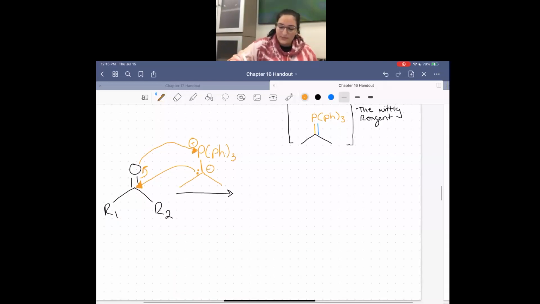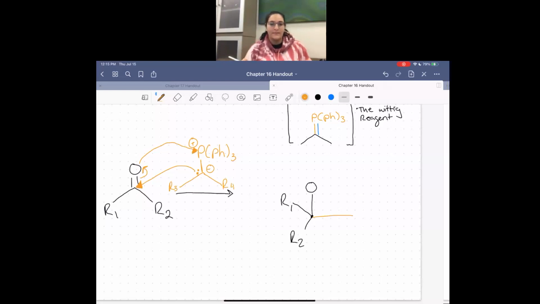So we're going to draw the betaine intermediate. And so the oxygen has one bond, and it's attached to R1 and R2. And now this carbonyl carbon is attached to the carbon of our ylide. And for all intents and purposes, I'm going to call this R3 and R4. Right? So R3 and R4 are just hanging out.